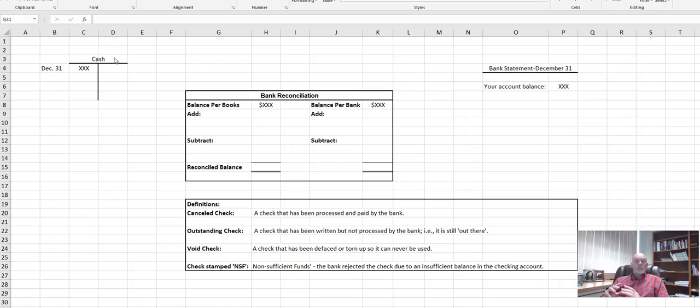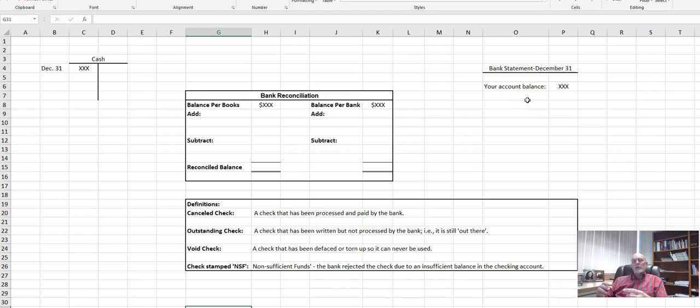So if you have several different bank accounts, you would probably create a different ledger account for each one of those. So let's assume we have a bank account, say at First Financial, and so anytime we make a deposit, we're going to add to our cash account, and of course the bank is also going to add to our balance in their records.